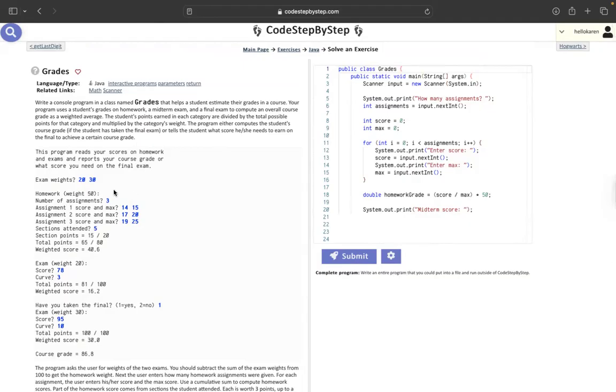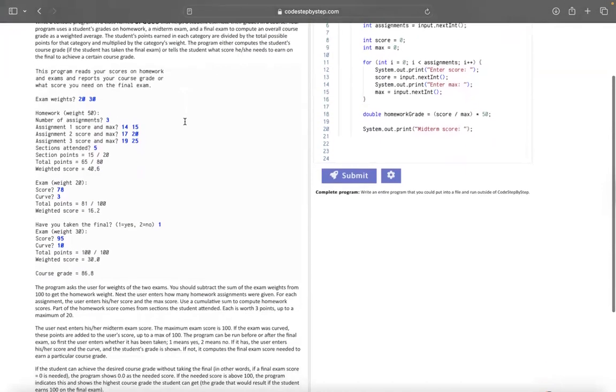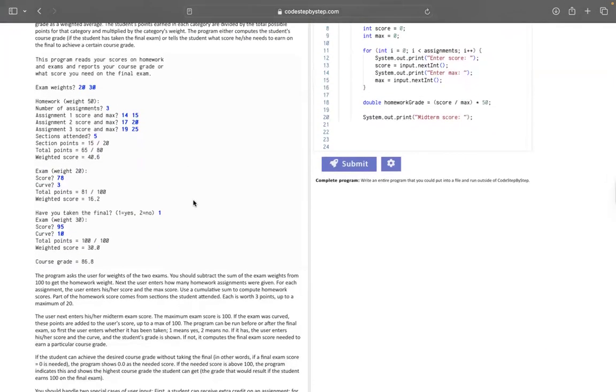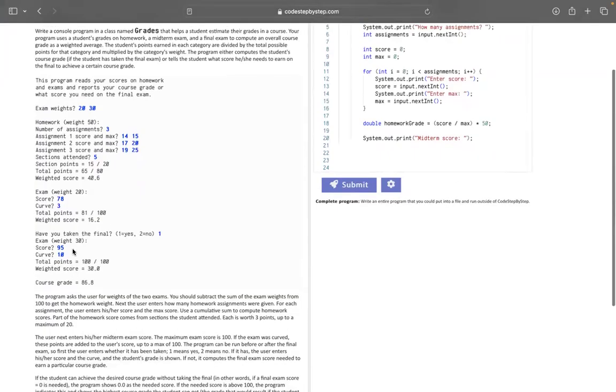And then it asks how many sections. And then basically you're trying to find the weighted average of the scores. That's pretty much it.